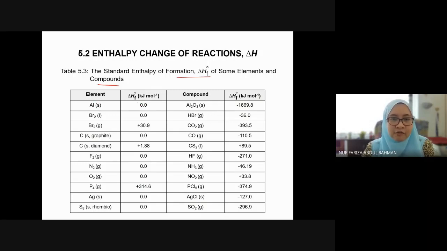So nampak tak, the formation of aluminium in solid state requires no energy at all. Maksudnya dia exist secara naturally, Tuhan jadikan tu, dia tak perlukan energy dan dia tak release energy. It's the standard state of aluminium when they exist in the world.